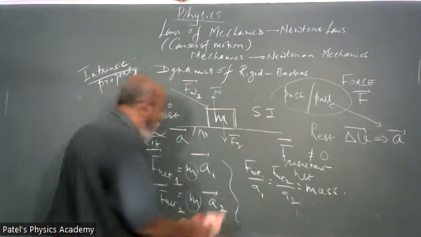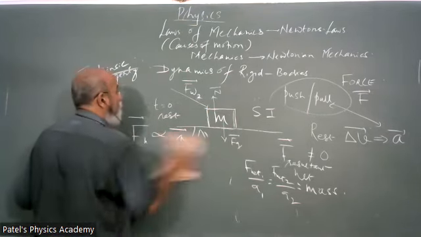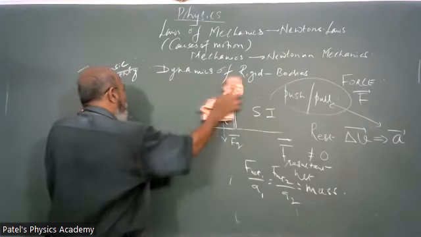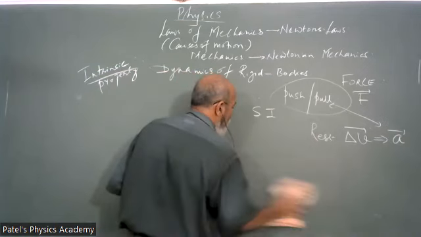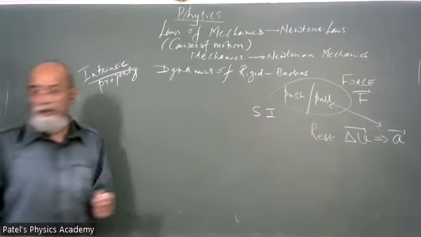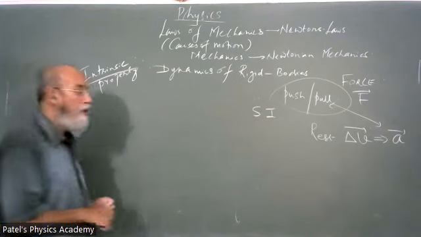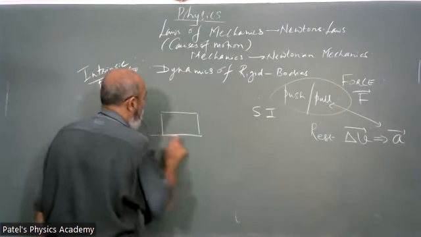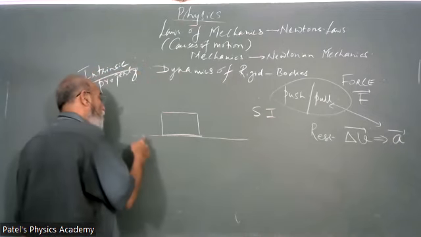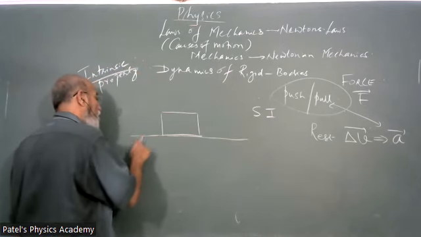Now let us move a step further so that we further equip ourselves with the discussion. I'm taking an object, resting it on the ground. Please understand the symbols that I give.